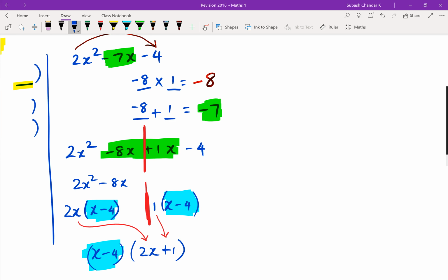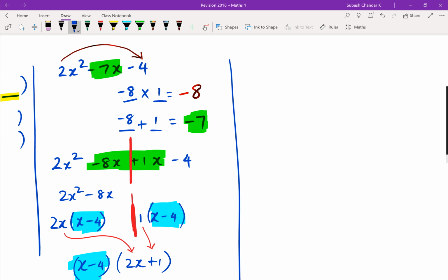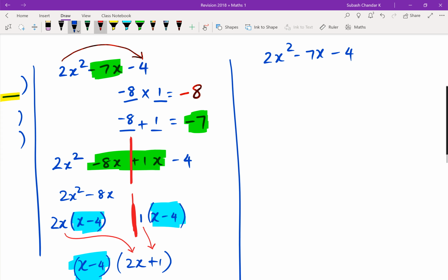Okay, the other method that I wanted to show you guys was this one here. 2x squared minus 7x minus 4. Now everybody here has probably seen this formula before, ax squared plus bx plus c.